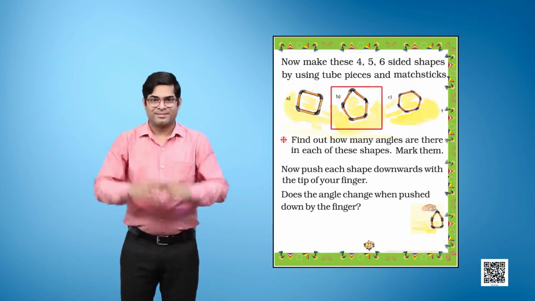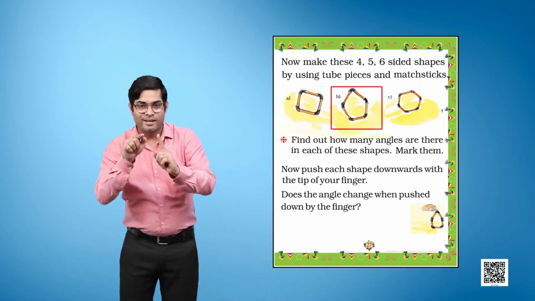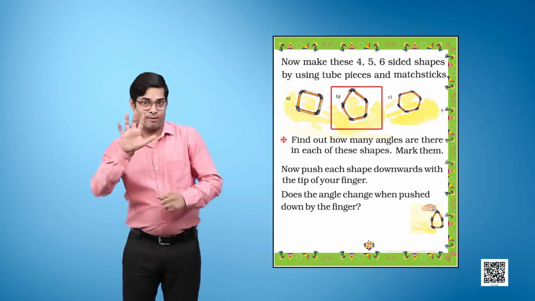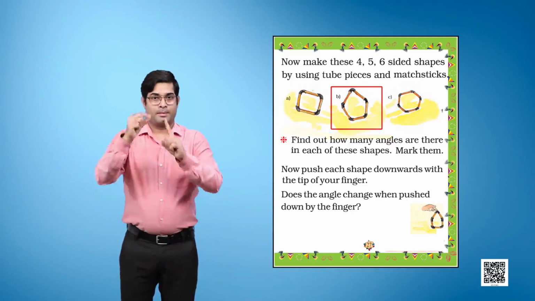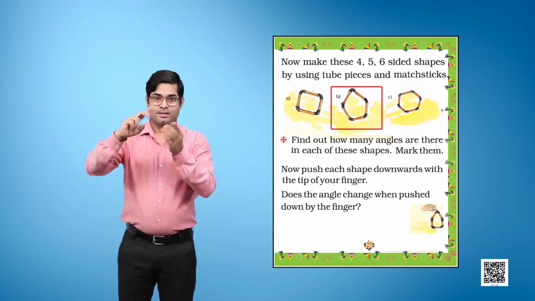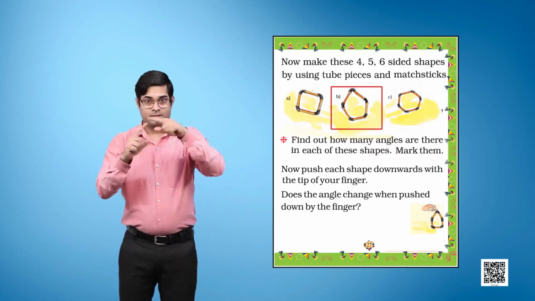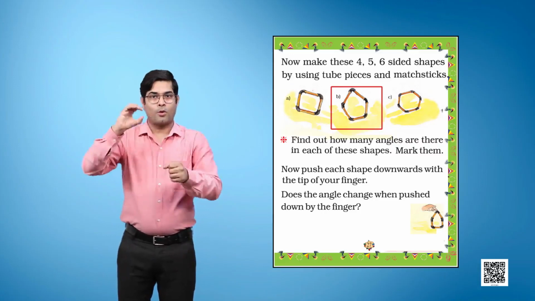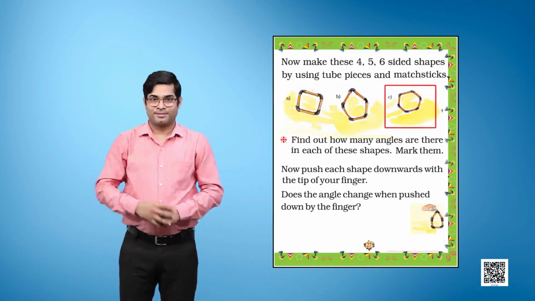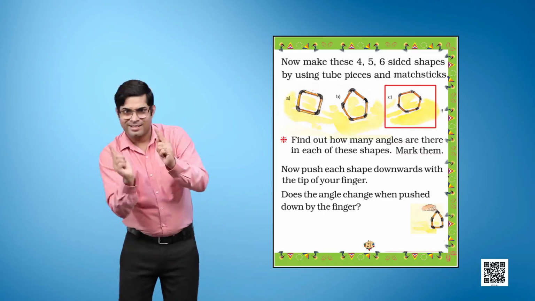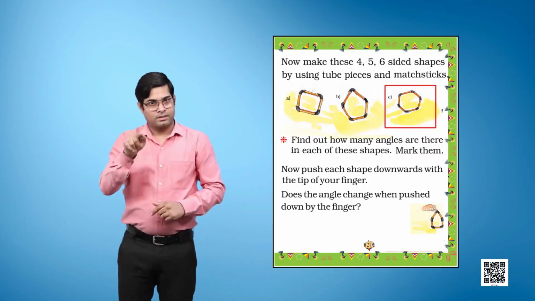B. 5-sided shape or a pentagon. C. 6-sided shape or a hexagon.